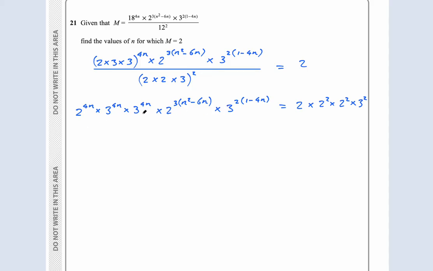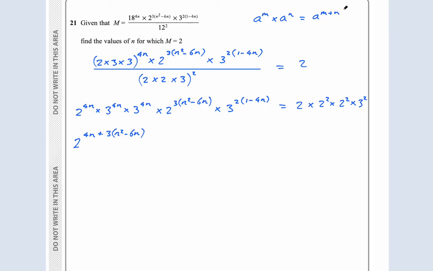Okay, now, the reason I've done this is because now I can join the 2's and I can join the 3's. So let's do the 2's first. If I join the 2's, I get 2 to the power of 4n plus, I'm going to add these, 4n plus 3n squared minus 6n. I'm just looking at the 2's, adding the powers, because that's my first rule of indices: a to the power of m times a to the power of n is equal to a to the power of m plus n.